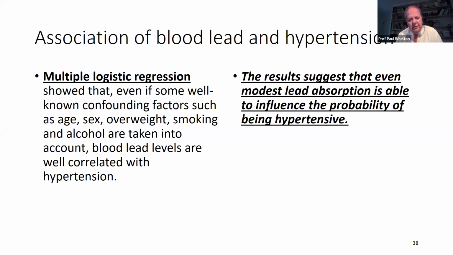I think certainly in the review process and many times in the paper, in the review process, most of us will always want to see the raw data unfettered, and then we want to see the models as they were developed. And you might have 2 or 3 different models. The first one introducing factors that, as Dr. Weber said, are well known to be associated with blood pressure. So here we have age, we have overweight, we have alcohol. These are all very well known to be associated with blood pressure.